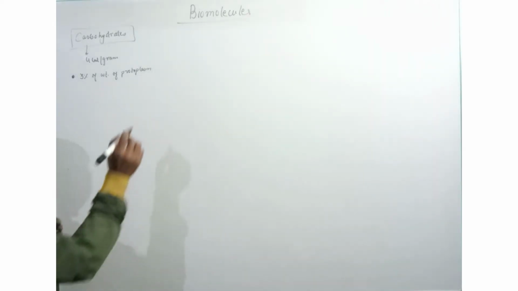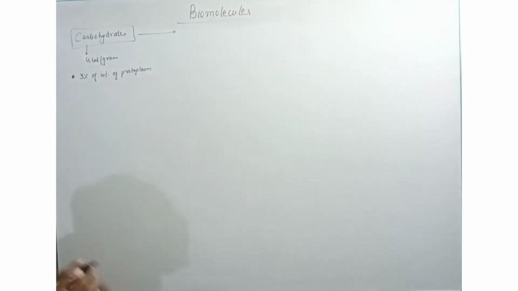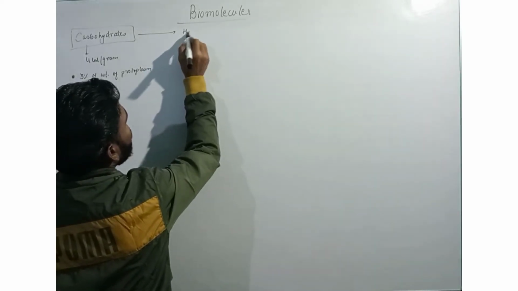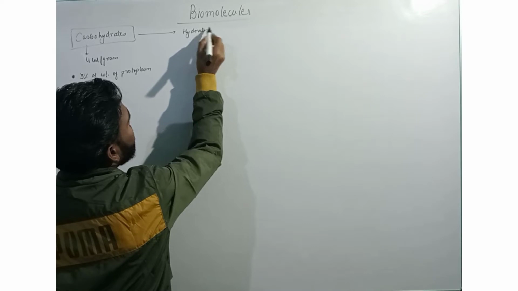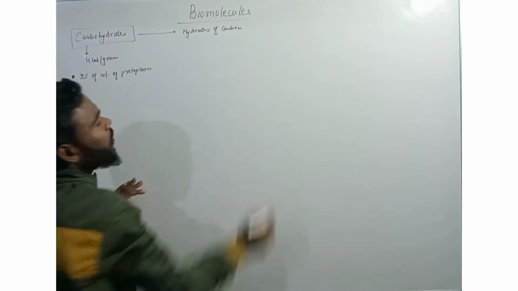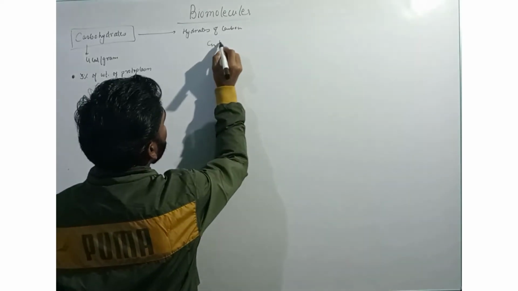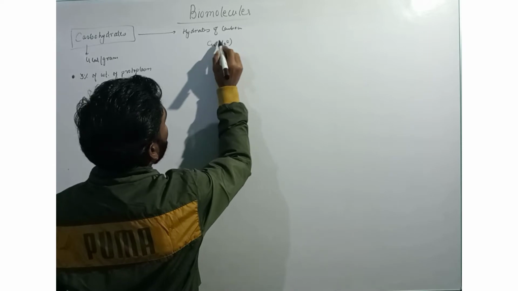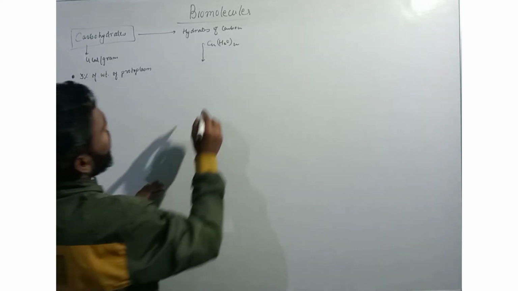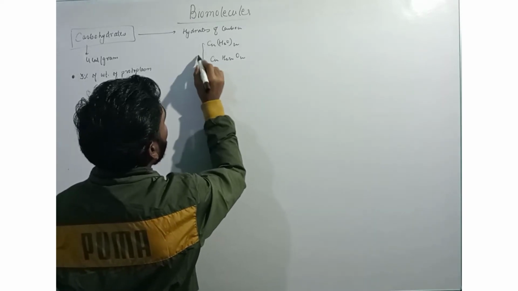Now let's see the definition of carbohydrate. As the name itself indicates, it is the hydrates of carbon. Please do remember it is the hydrates of carbon. So we have to simplify this. That will be C(H2O)n, and when we simplify again, that will become CnH2nOn.